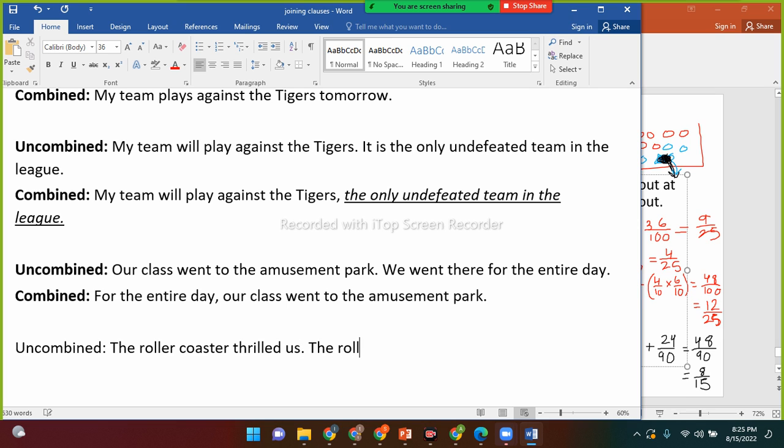The roller coaster has 6 loops. So if we combine these two, what can we say?